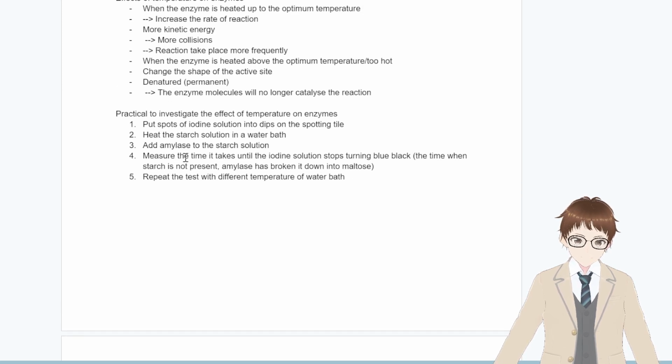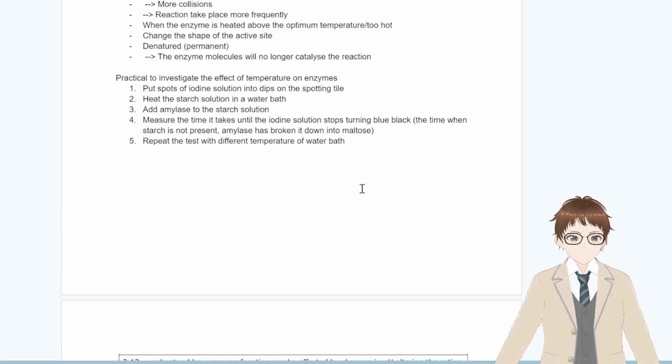So in this practical, the dependent variable is the time it takes until the iodine solution stops turning blue-black, and the independent variable is the temperature of the water bath.